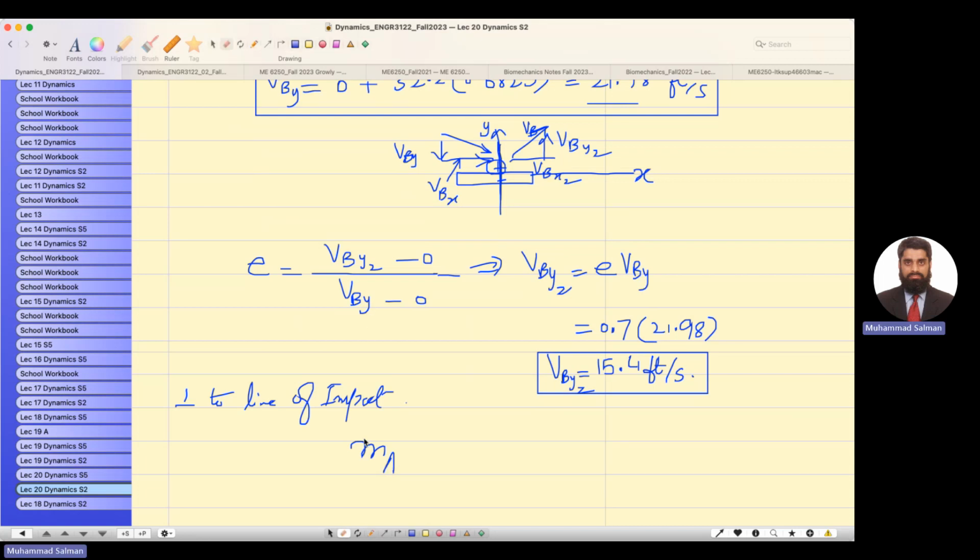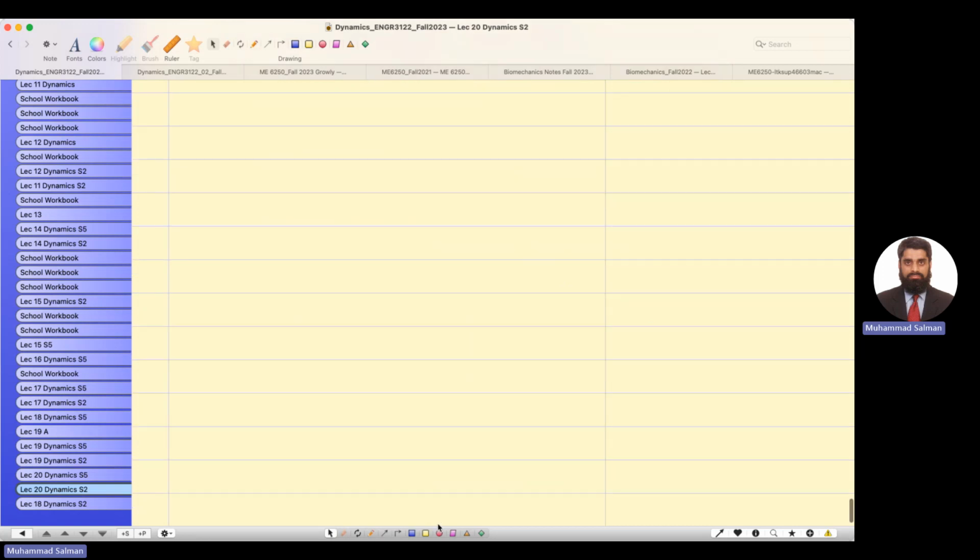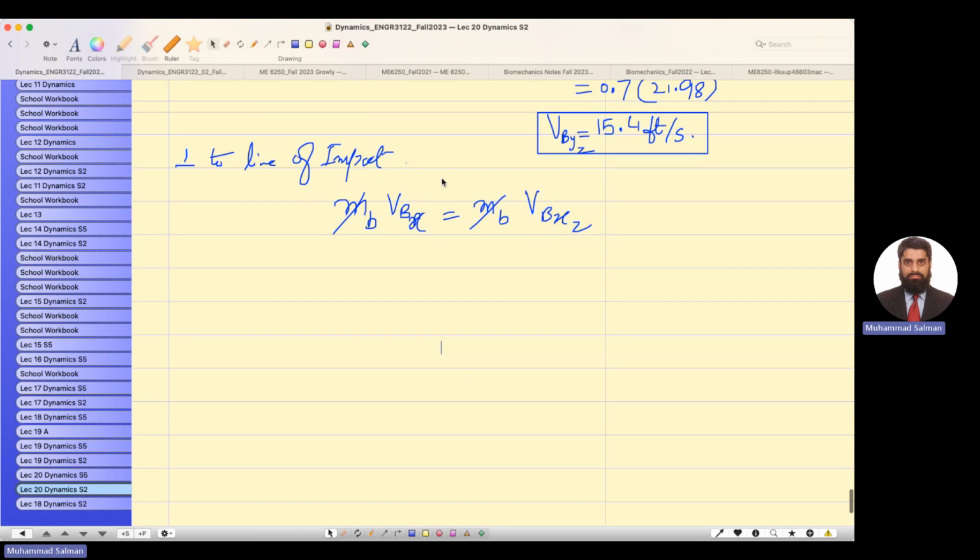Here this is the ball, so I would write M sub B VBX equals M sub B VBX2. This is the same horizontal component. You see my point, guys?